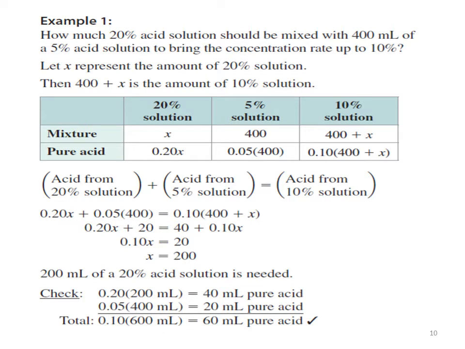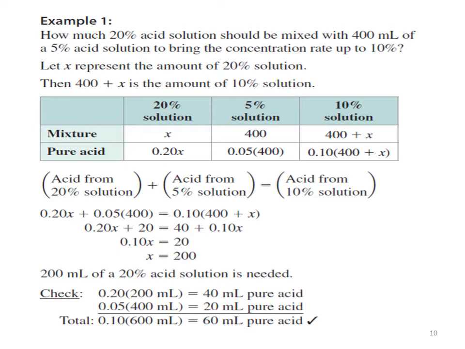Let's just see what we want to do, and in this case we will use a table to summarize the information. We want to know how much of a 20% acid solution should be mixed with 400 milliliters of a 5% acid solution to bring the concentration up to 10%. A 20% acid solution means 20% of the liquid is acid, and then 80% would be just water.